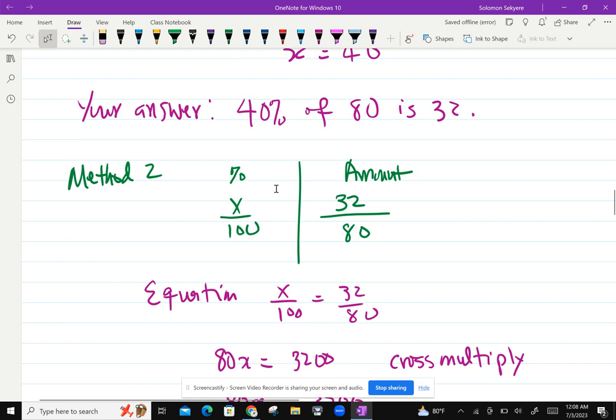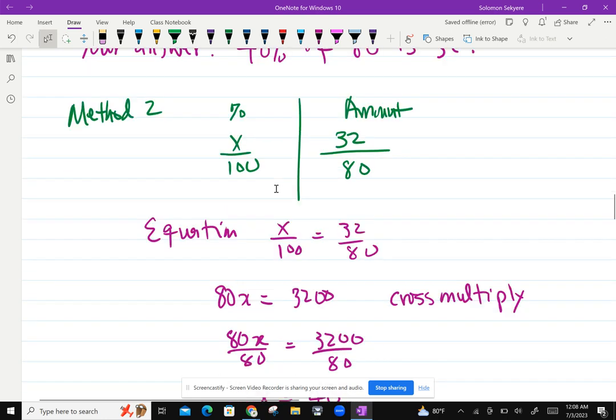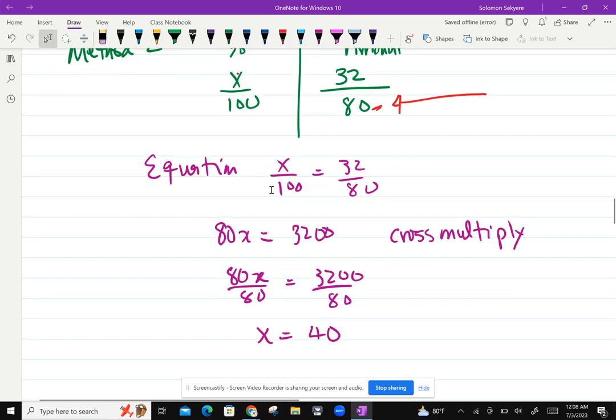Okay, method 2, you do the table: percent, amount. What have you been asked to calculate? Percent. You write it here: x over 100 equals 32 over 80. The number that comes after the of is your denominator over here.